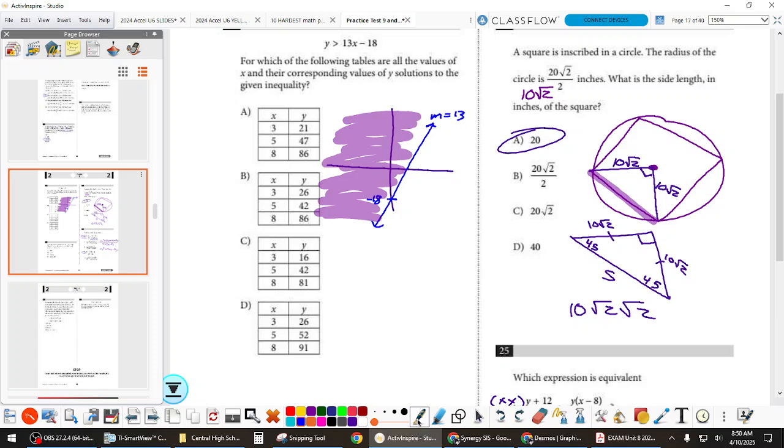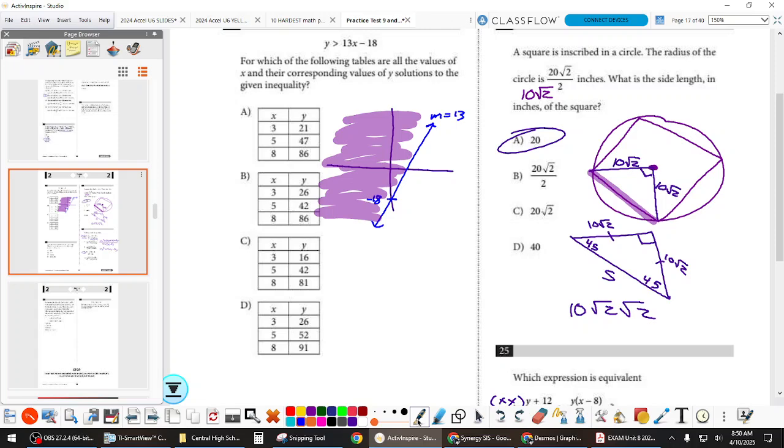But these are all table values, so how do you check? I could see this potentially being a slow problem. Cooper said we could plug all these points in and see. What do you think? You could make a table in your handheld calculator with 3, 5, and 8.